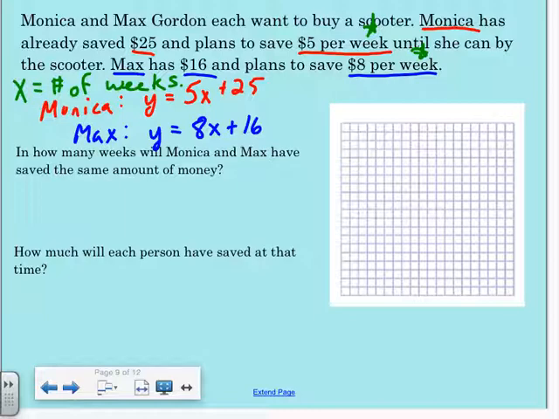So let me graph these, but I need to do something. X is number of weeks here. So I'm going to go by 1, 2. Every 2 is going to be number of weeks. So this would be 5 out here, and this would be 6, 8, 10. So I know there's 20 of them.